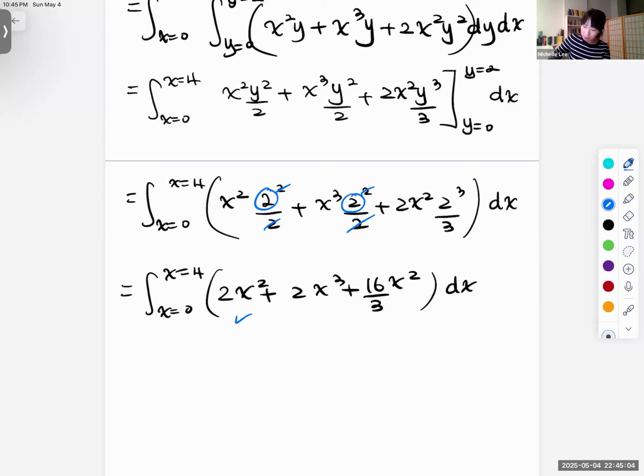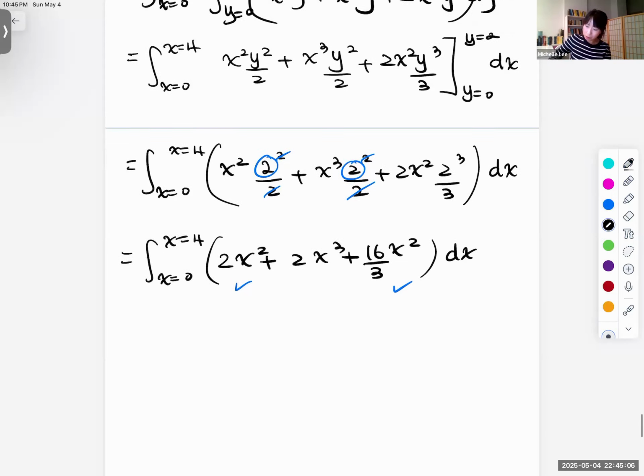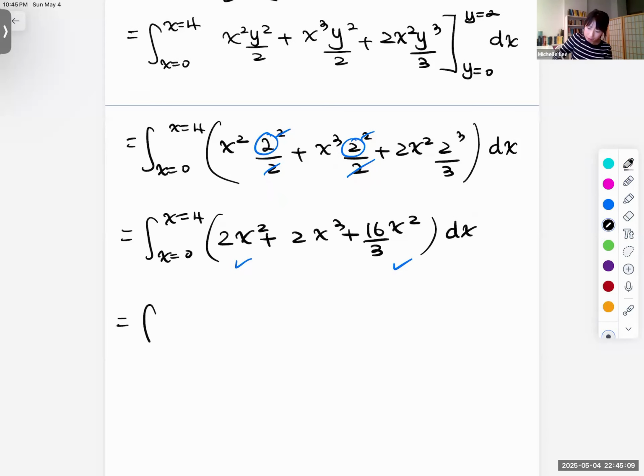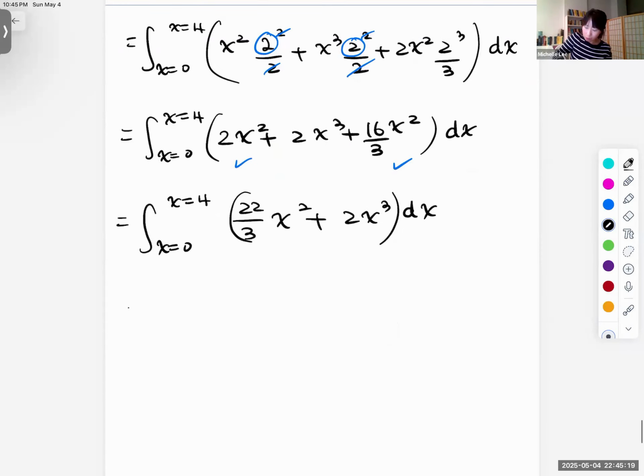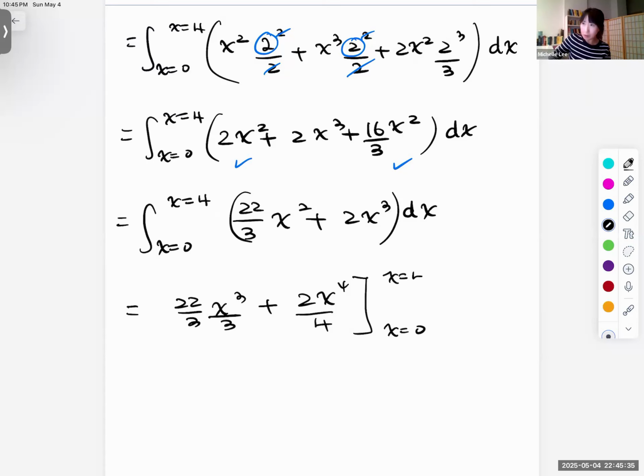Combining like terms, with a common denominator, we get 22 over 3, x to the second power. Okay, now we integrate, right? So there will be 22 over 3, x to the third power over 3, plus 2x to the fourth power over 4, from 0 to 4.